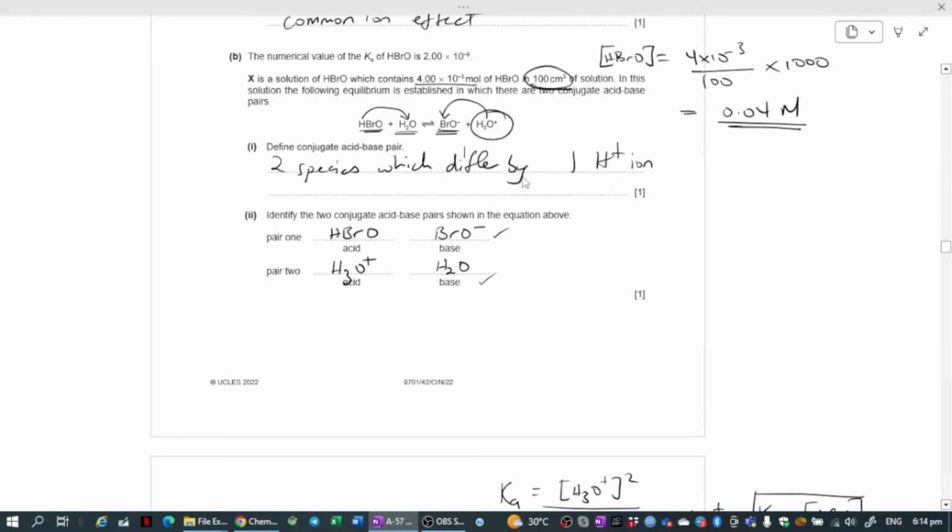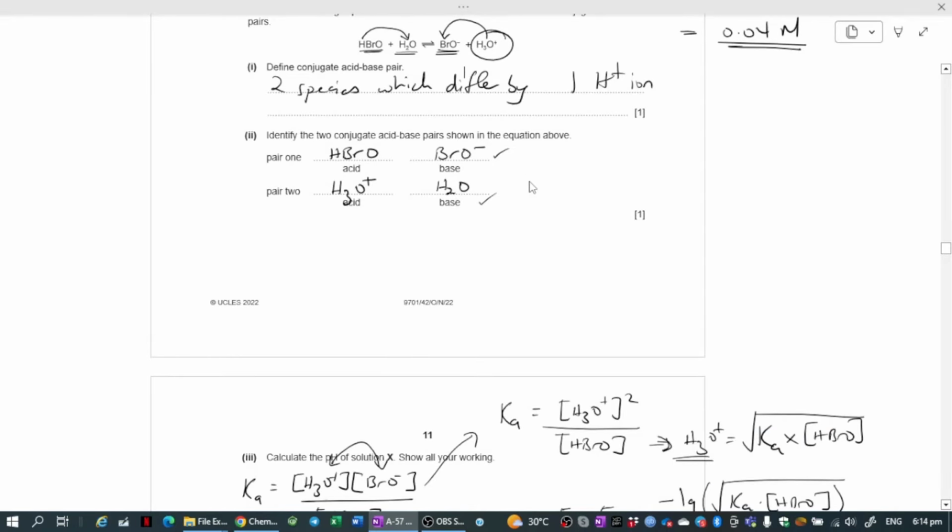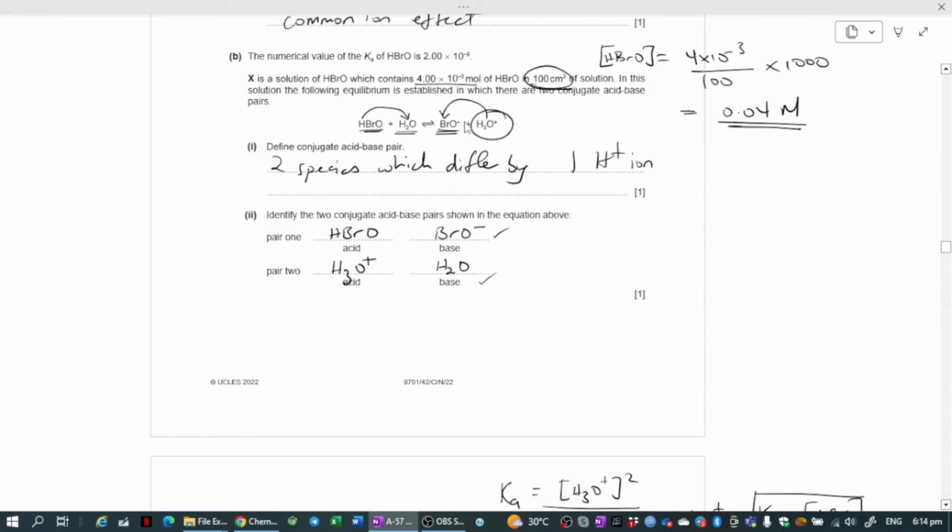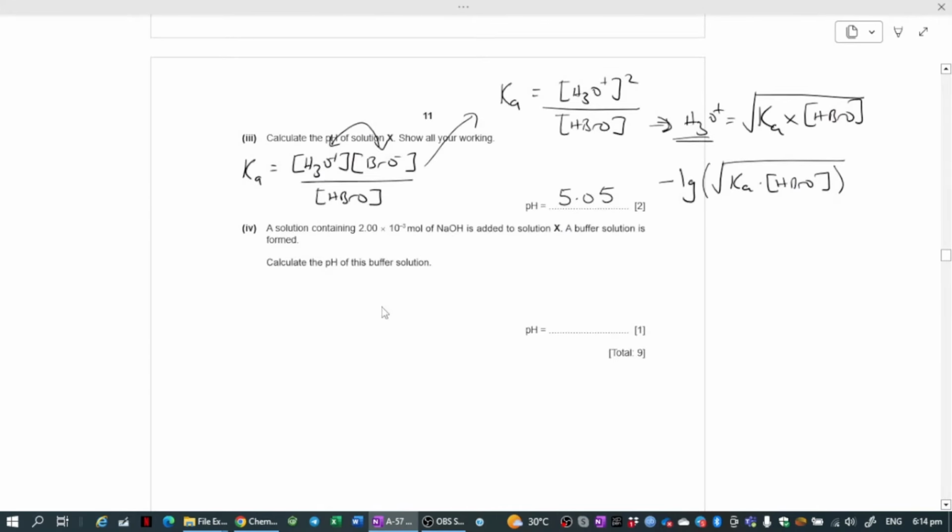So we should recognize that the hydroxide ion would react with the HBrO in a 1-to-1 molar ratio. That is what would essentially happen. So sodium hydroxide will react with HBrO to form NaBrO plus H2O.